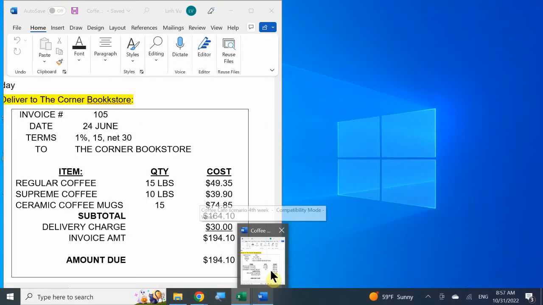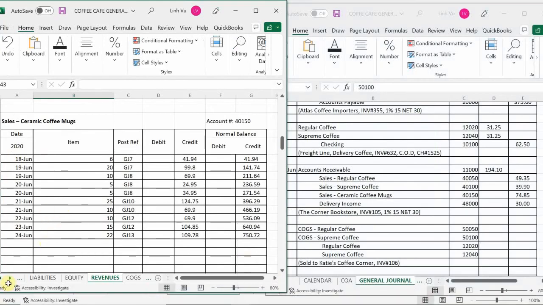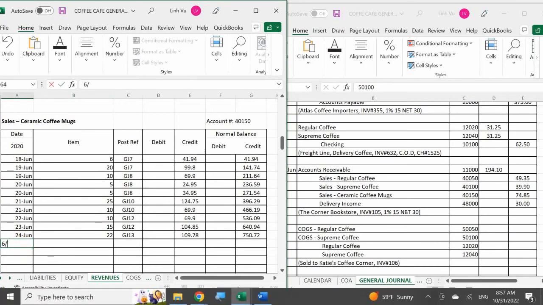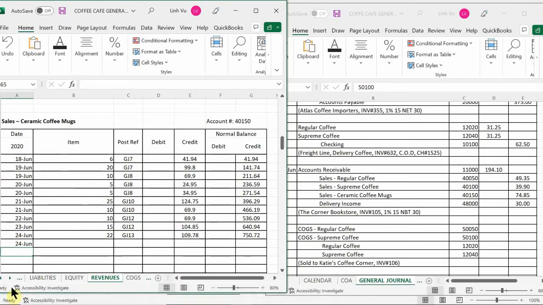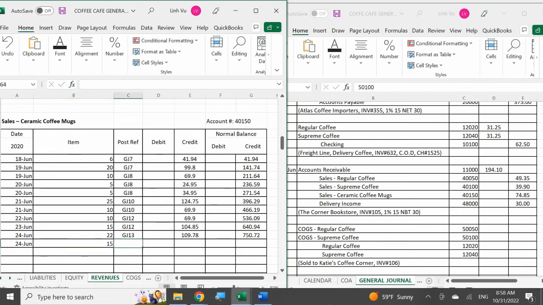How many ceramic coffee mugs did we sell? Was it 10? We sold 15. Okay, for 74.85.